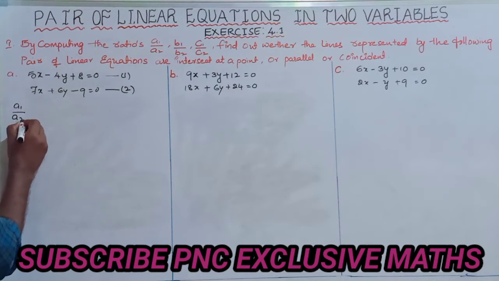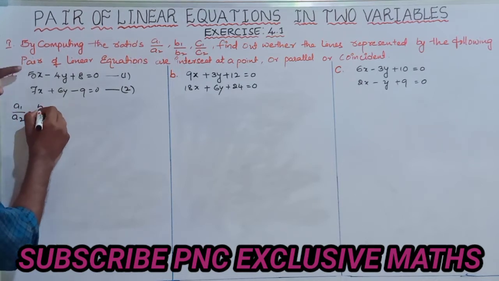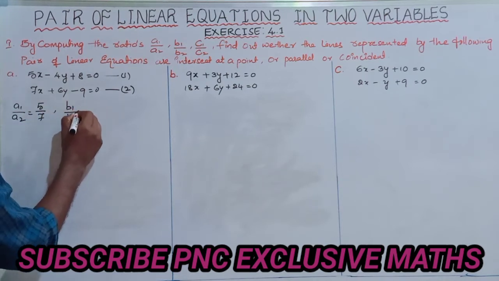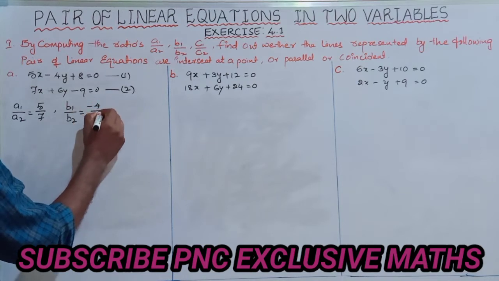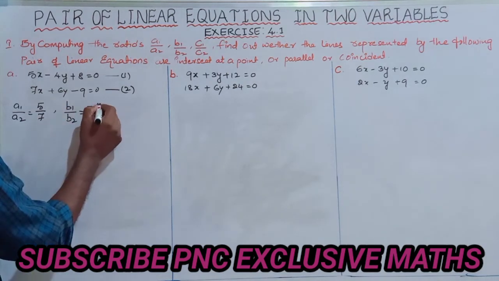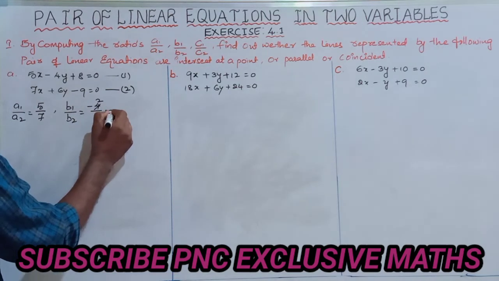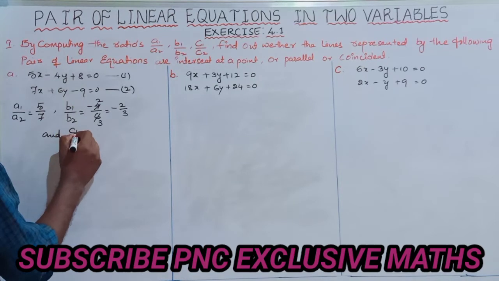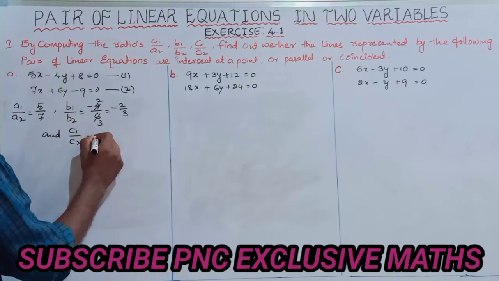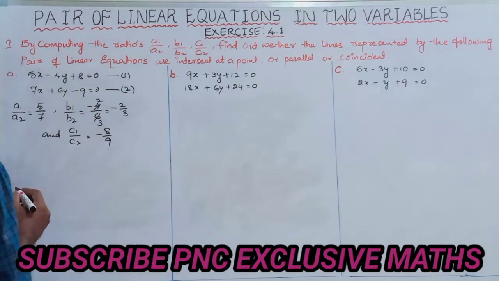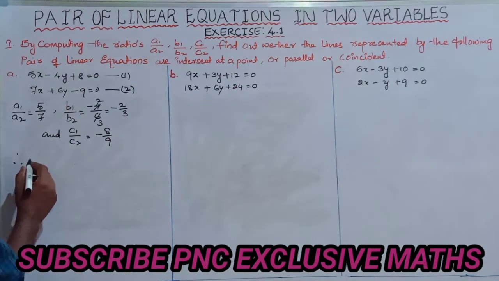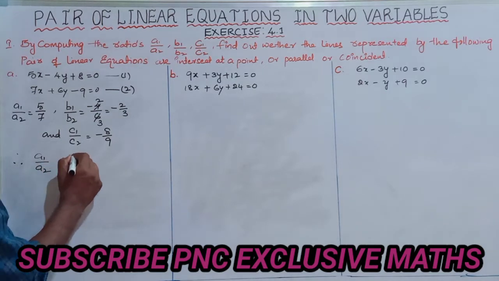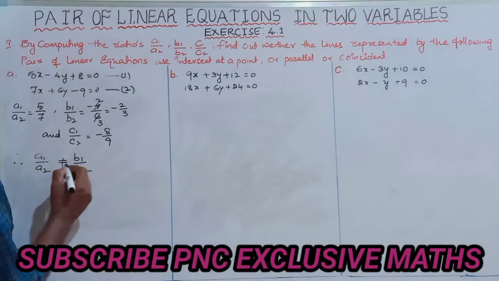A1 by A2 is equals to 5 by 7, B1 by B2 is equals to minus 4 by 6. By simplification, 2 2s are 2 3s are, minus 2 by 3, and C1 by C2 is equals to minus 8 by 9. So therefore, the ratios are A1 by A2 is not equal to B1 by B2.